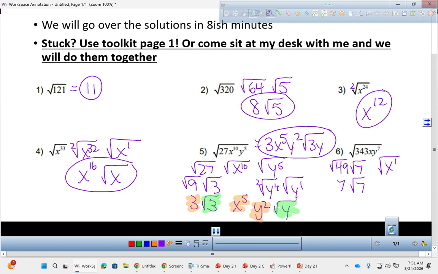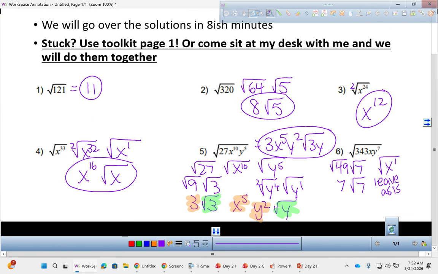A 1. All right. Now, if I go to split this up, I'm going to split it up into 0 and 1, which is going to put me right back to where I started again. So I'm just going to leave it. There's nothing I can do to an x to the 1. It's just going to stay as is, and it's going to carry through to the final answer.